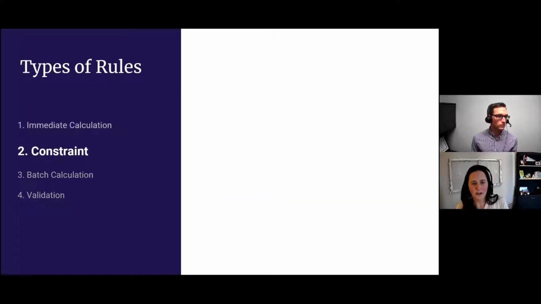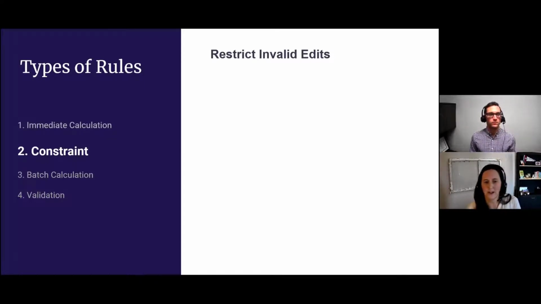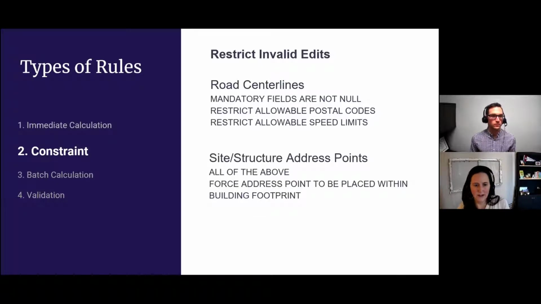Constraint is another one that we don't use frequently, but that is how you can restrict invalid edits. So for road center lines, you could use it to make sure none of your mandatory fields are null. You could restrict the postal codes that are allowed to those within your county, or maybe restrict allowable speed limits. Same thing with address points, with an addition of sort of a cool feature where you could force an address point to be placed within a building footprint.